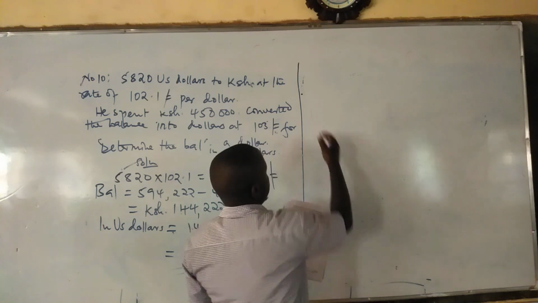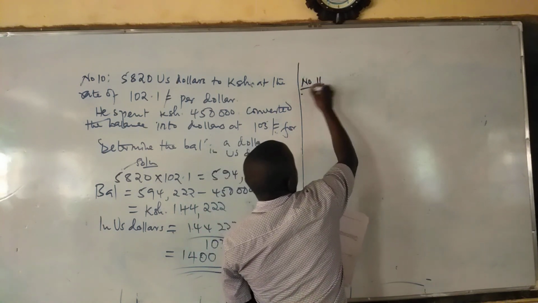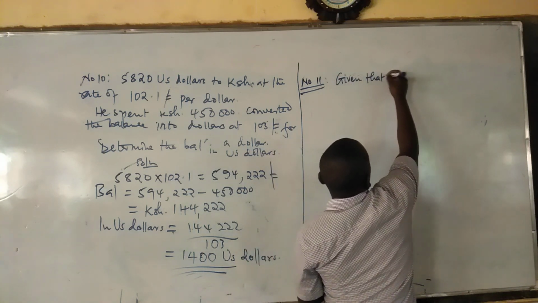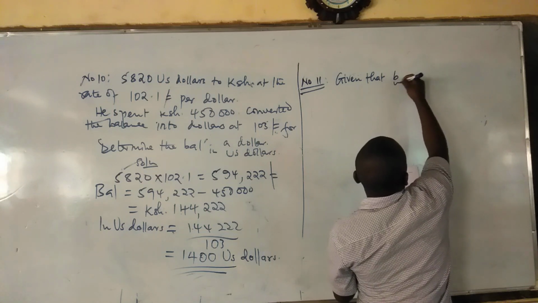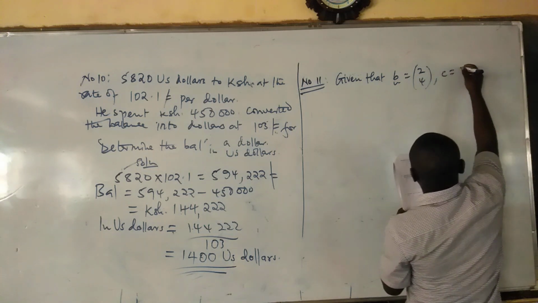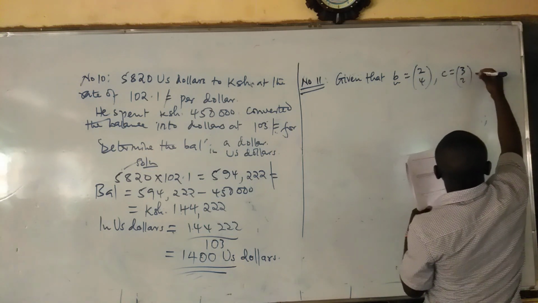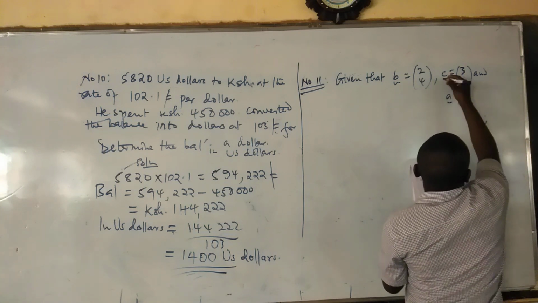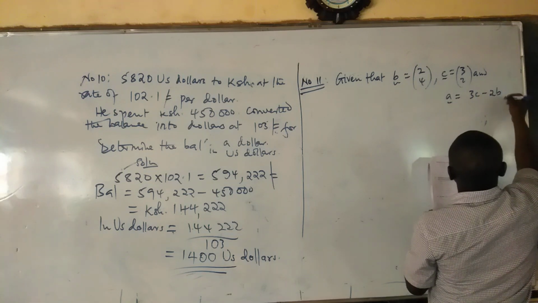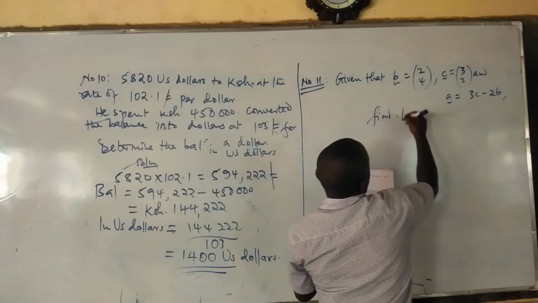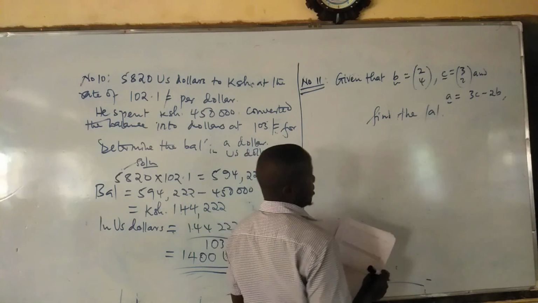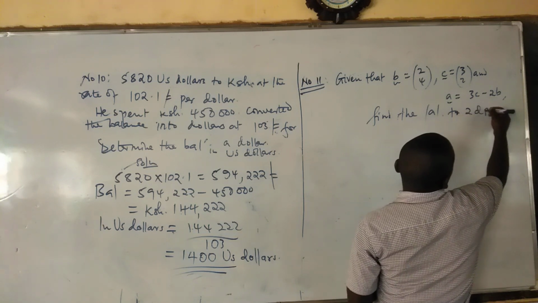The next step is number 11. We are told, given that vector B is equal to (2, 4), vector C is equal to (3, 2), and vector A is equal to 3C minus 2B, find the magnitude of A to 2 decimal places.